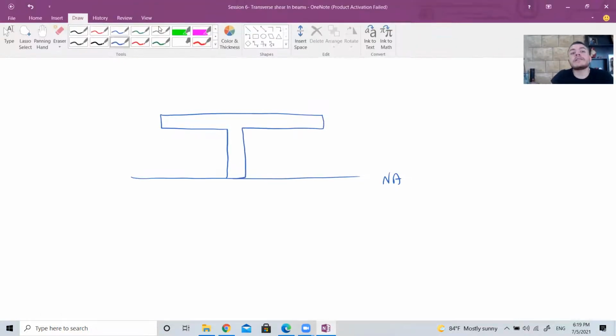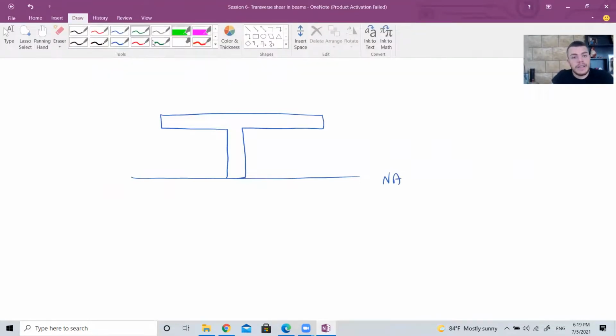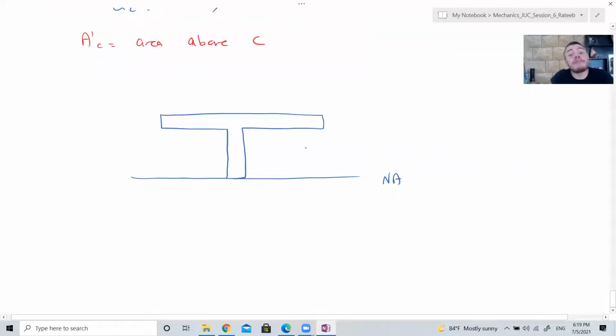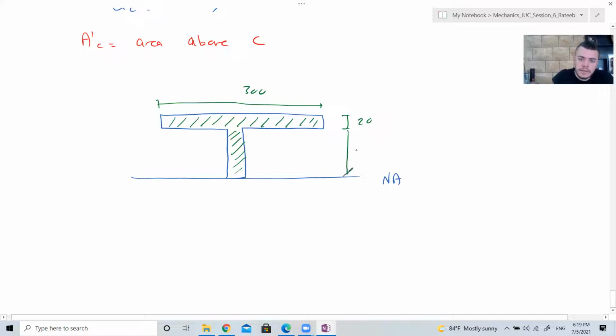You have multiple shapes here, Jaafar. Whenever you have multiple shapes, this is going to be your area prime, right? This is 20, this is 300, and this is 100. What do I do when I have multiple shapes? I need to divide them into shape 1 and shape 2.